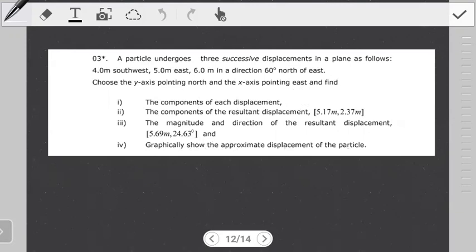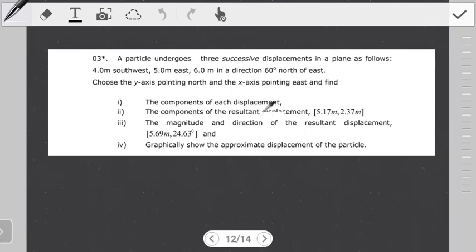When you look at this question, what they want us to find is basically everything we do when we're finding the resultant of 3 vectors. To find the resultant of 3 vectors, we have to find the components of each vector, then add the respective components to get the components of the resultant.